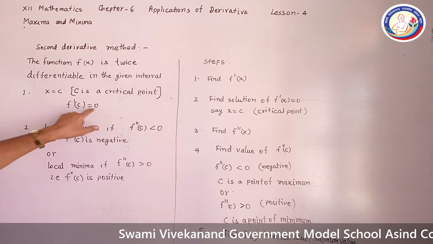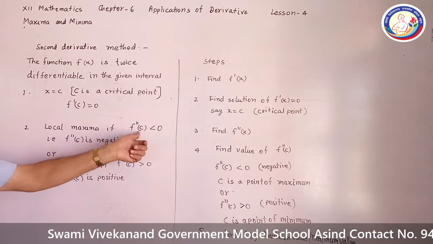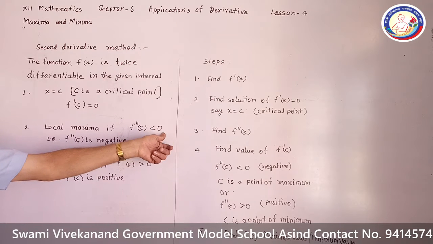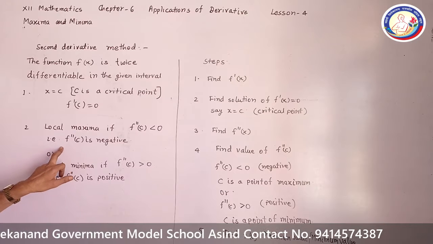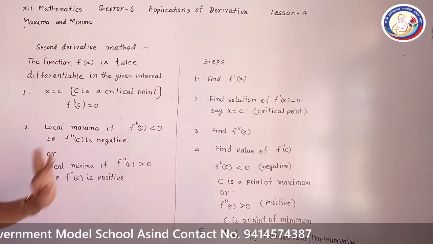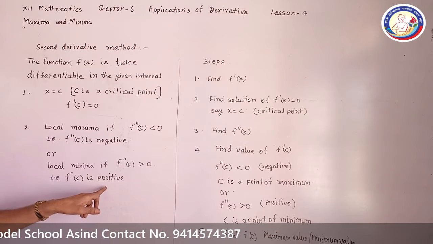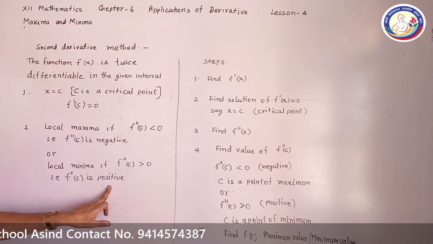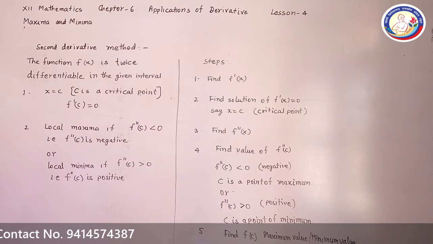Then find the second derivative, and if it is less than 0 or negative, then C is a point of maximum value. And if it is positive or greater than 0, then C is a point where the minimum value of the function will occur.